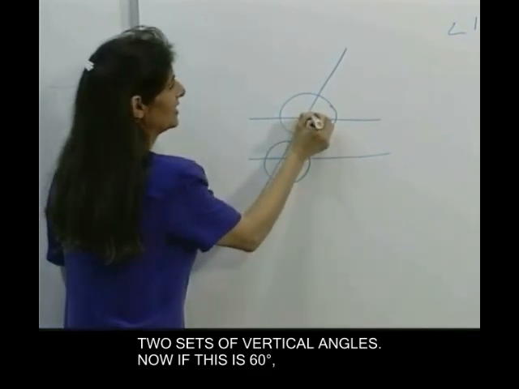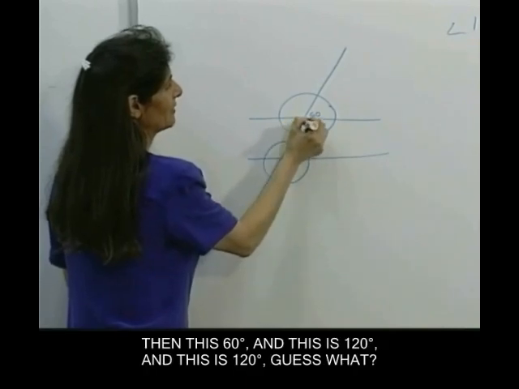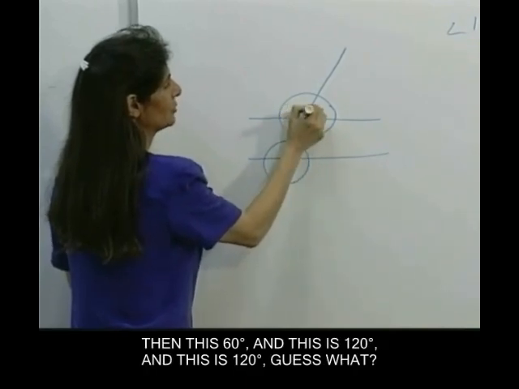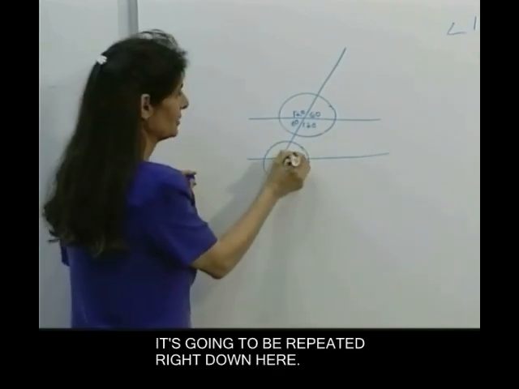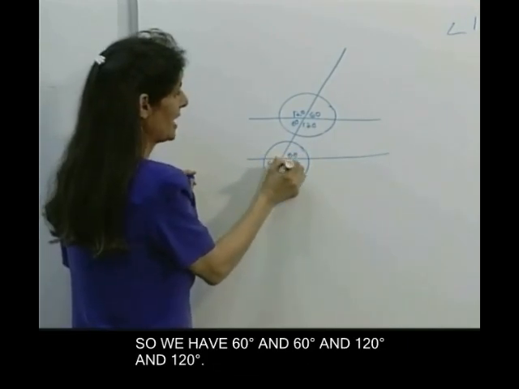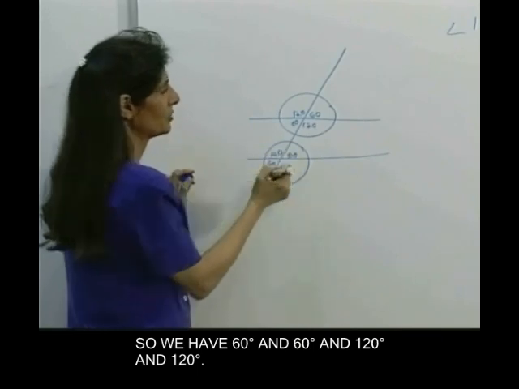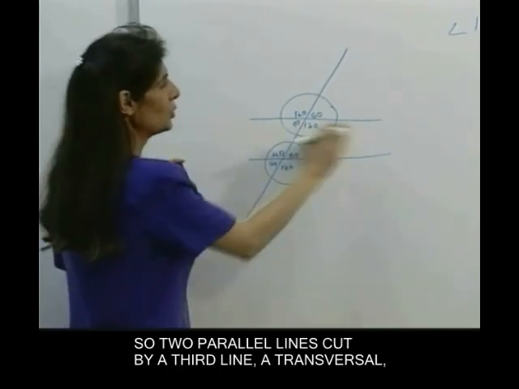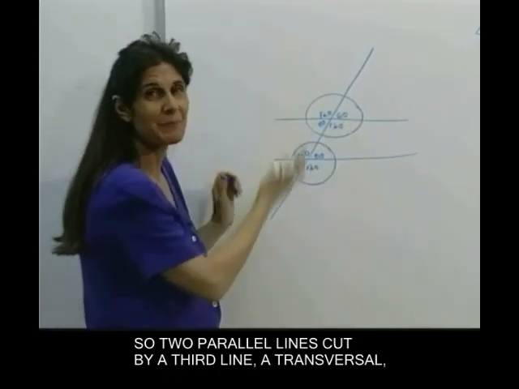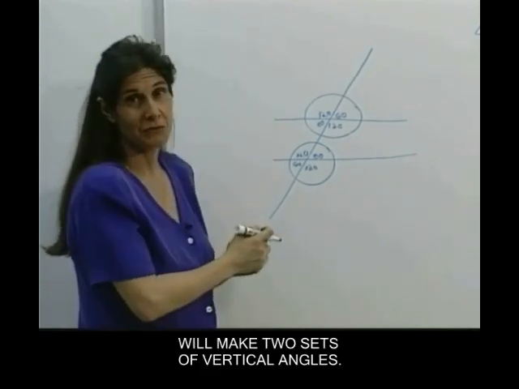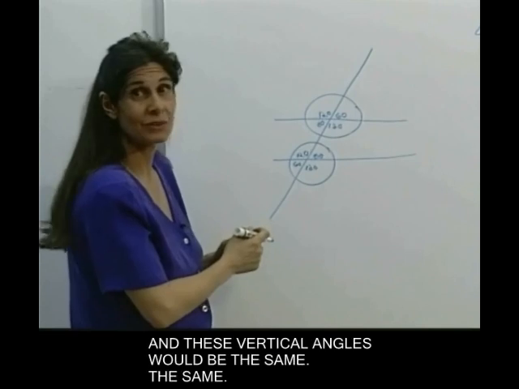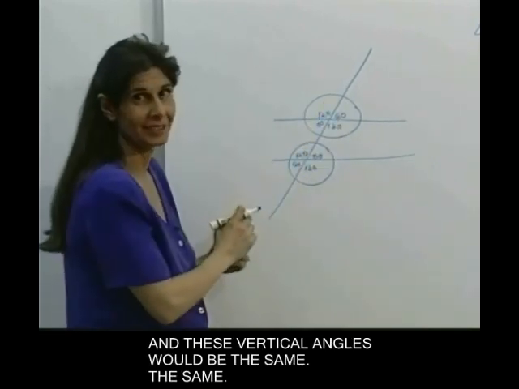Now, if this is 60, and this is 60, and this is 120, and this is 120, guess what? It's going to be repeated right down here. So we have 60 and 60 and 120 and 120. So two parallel lines cut by a third line, a transversal, will make two sets of vertical angles, and these vertical angles will be the same.